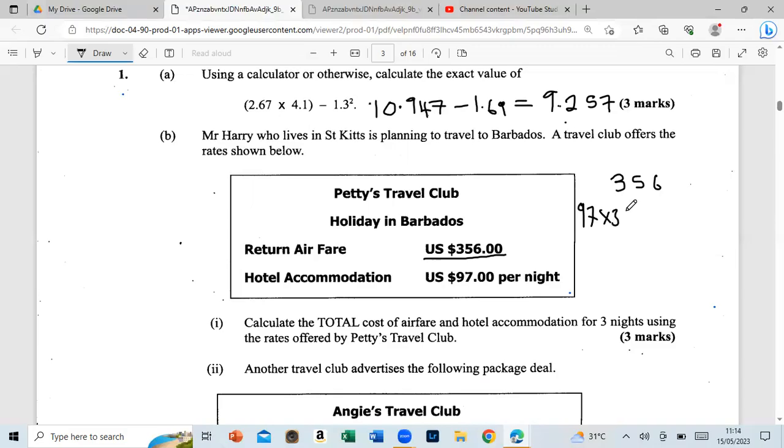Let's see what 3 times 97 gives us on the calculator. So 3 times 97 is 291. So that works out to $291. And then I would add this to the return airfare. Let me just line it up the right way.